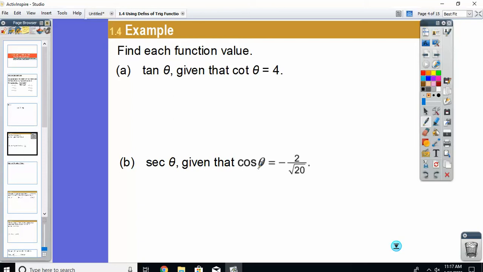So if I know cotangent is 4, what is tangent going to be? I know that tangent is 1 over cotangent. So tangent of theta is just 1/4. Again, if at all possible, let's stick with fractions and lowest terms. Don't give me decimals unless it can't be avoided. Questions?